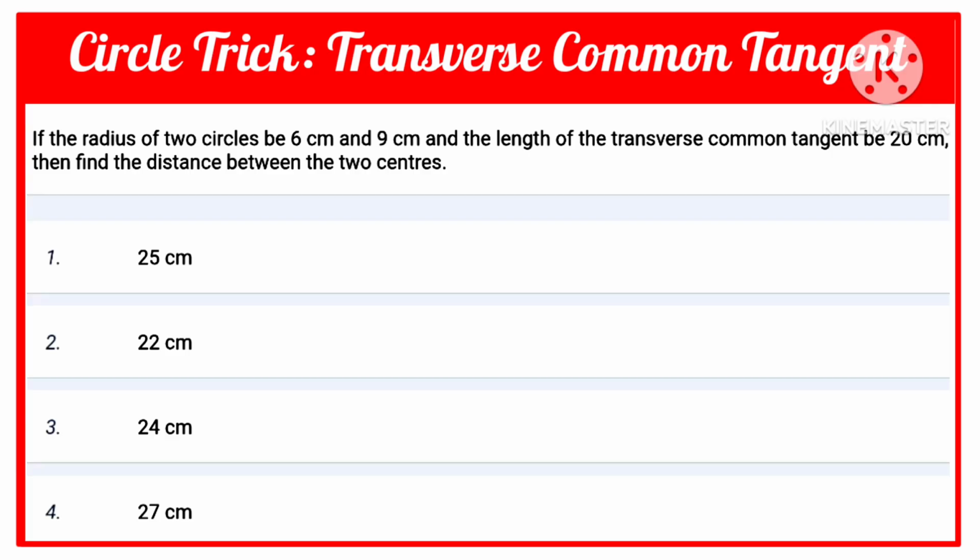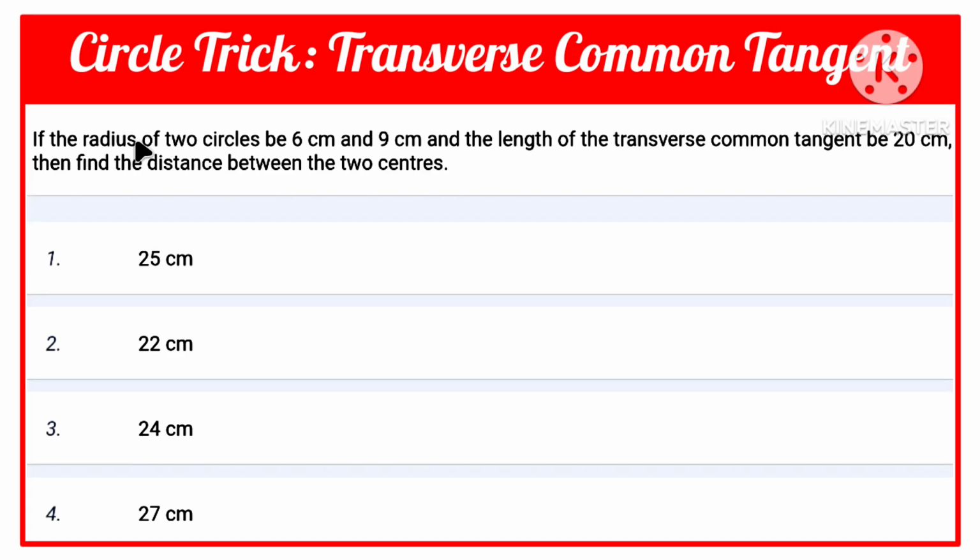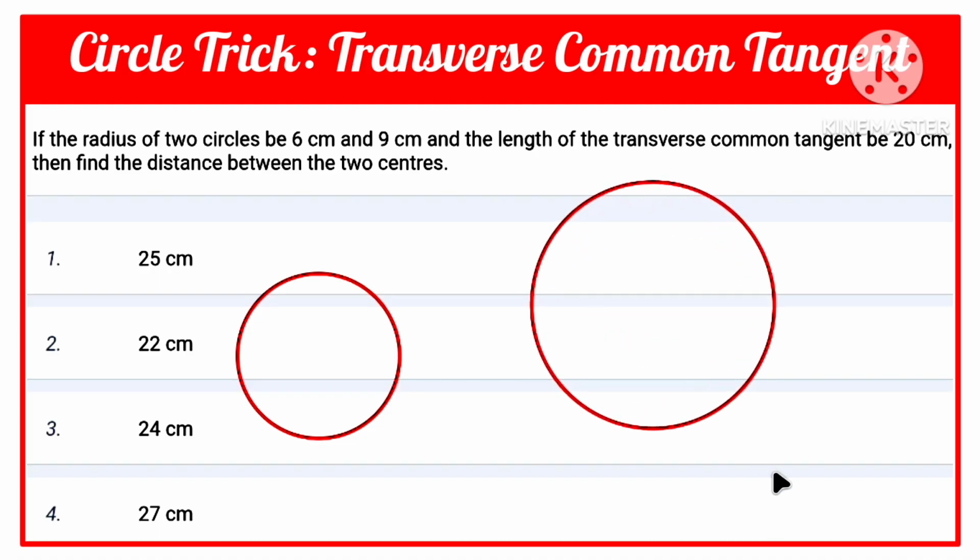Now let us learn the formula method of solving this particular question. It is given the radius of two circles be 6 cm and 9 cm. So let us draw two circles. Let this be the circle of radius 6 cm and this be the circle of radius 9 cm. So this much is 6 cm, and from here till here this is 9 cm. Now it is said the length of the transverse common tangent be 20.